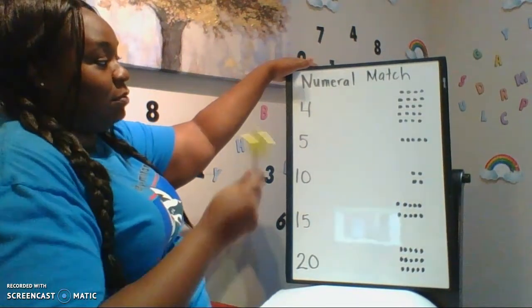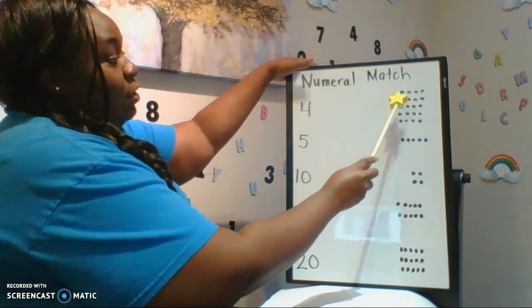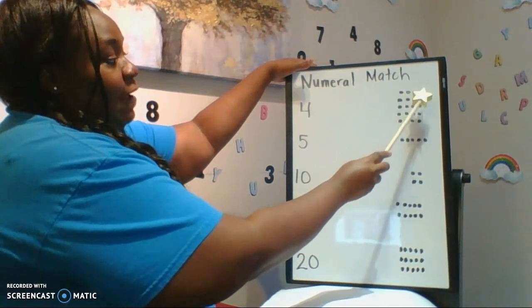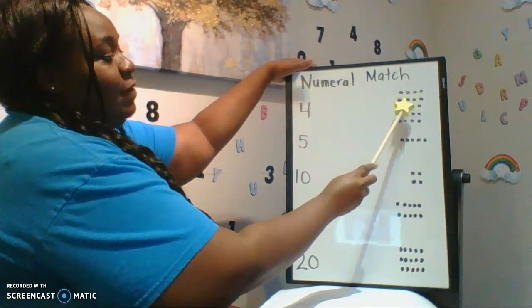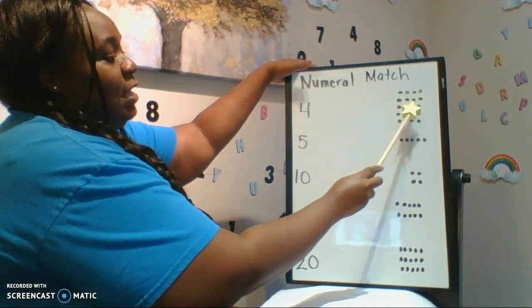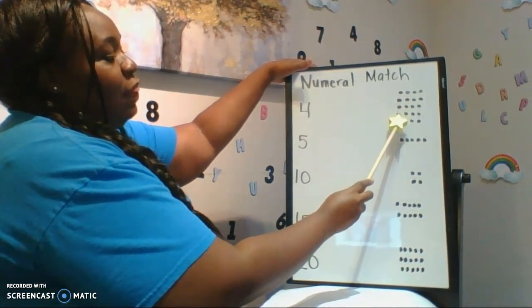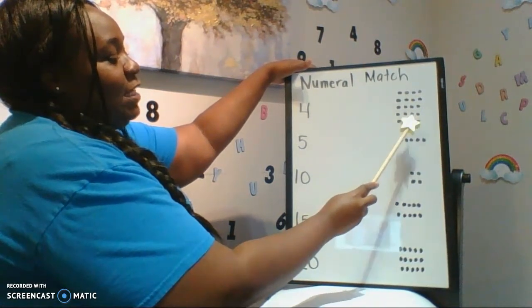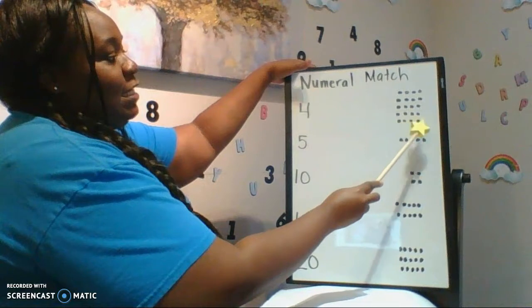Let's count our dots. Ready? 1, 2, 3, 4, 5, 6, 7, 8, 9, 10, 11, 12, 13, 14, 15, 16, 17, 18, 19, 20.